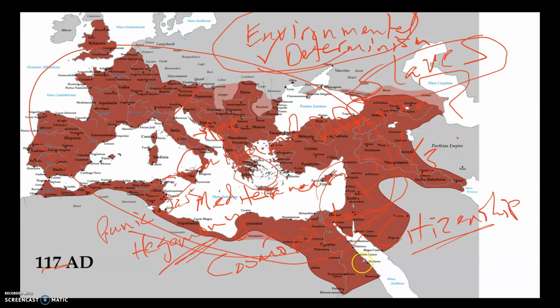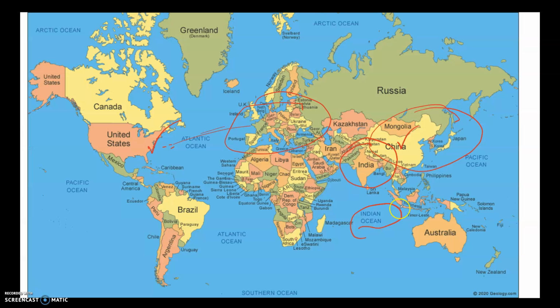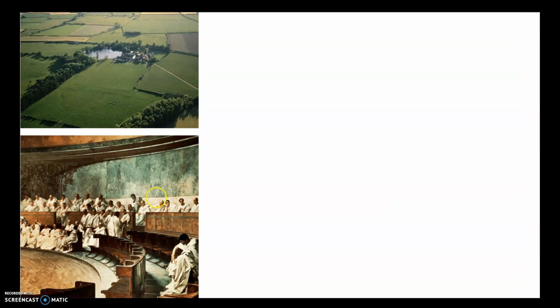So that they feel more comfortable being conquered by you and are less likely to revolt against you if they enjoy the same rights and freedoms as other citizens in the Roman Empire. So this idea of enslaving, especially earlier on, and then giving citizenship to conquered people are going to be part of the Roman Empire.